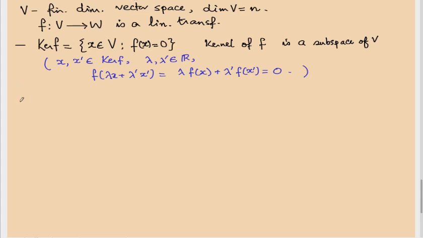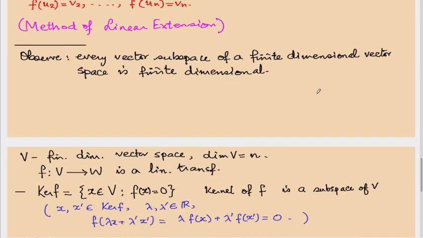So what we observed, the kernel of f is a finite dimensional vector space. And if you go back, it is finite dimensional.